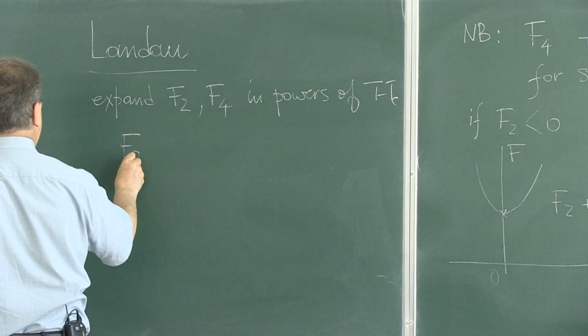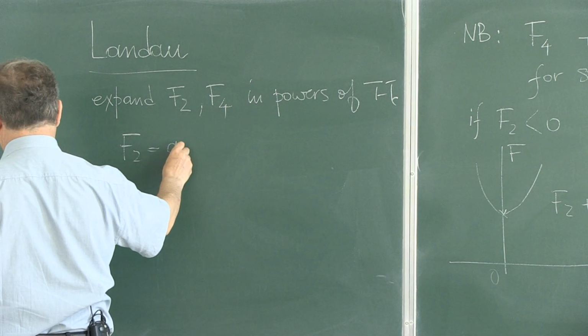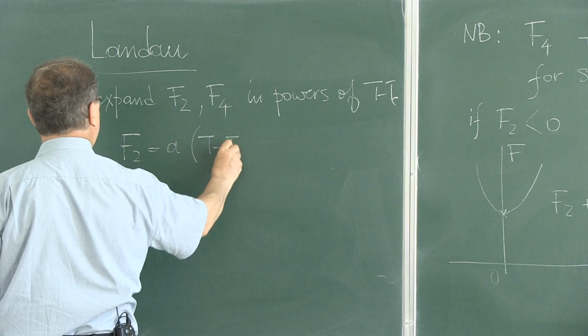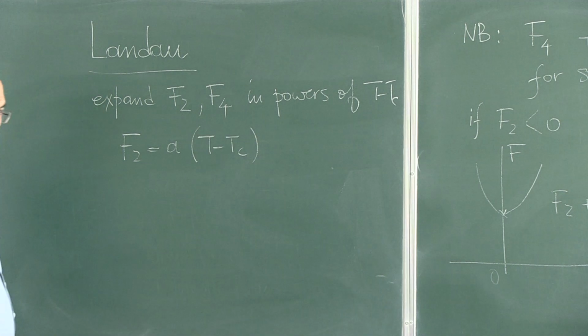You can write F2 as A times T minus Tc. See, it changes sign: when temperature is above Tc, it is positive.